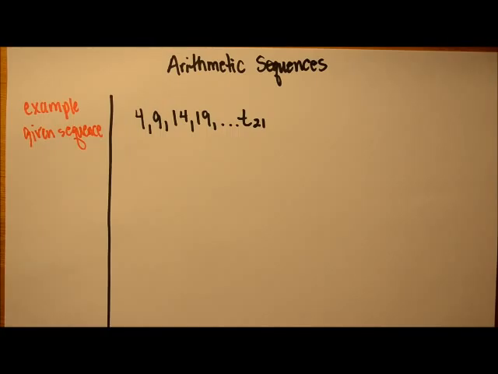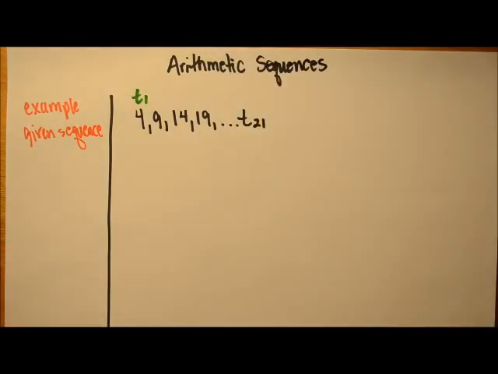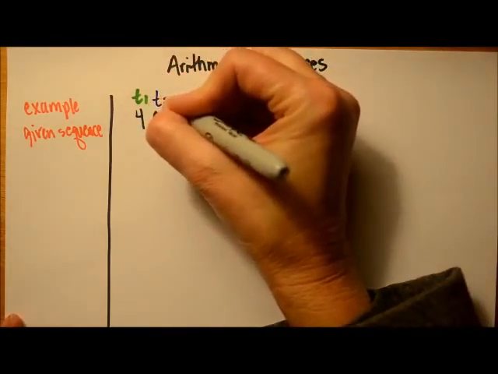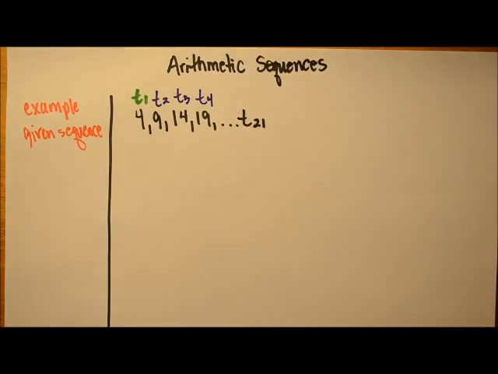So what you have is term 1. Term 1's always an important one. We use that quite a bit, and I'm going to give him a special label. Then you have term 2, term 3, term 4. They want to know term 21.